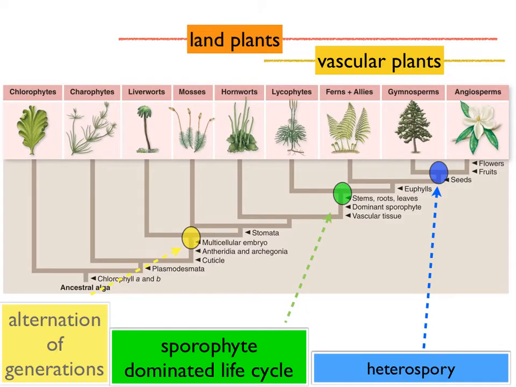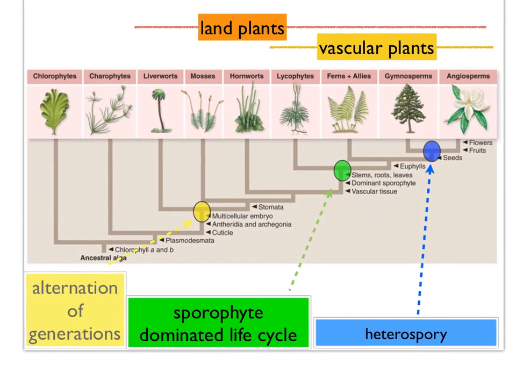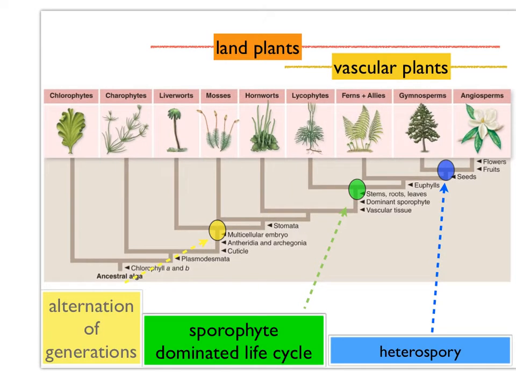Okay, so here we are in our land plant chart, and in most land plants, alternation of generations is right here, right? That means going from haploid to diploid.